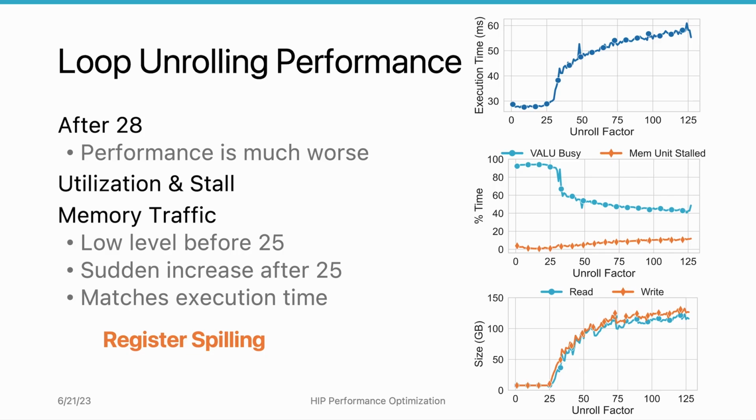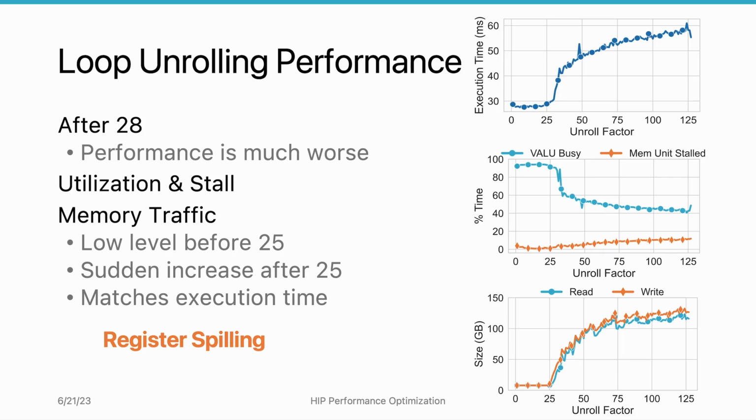When we have a high unrolling factor, we need to use a lot of registers, but the GPU hardware cannot provide this number of registers. Therefore, we have to use main memory for some of the required registers. That is called register spilling. When we use too many registers, they spill into the main memory, causing excessive memory access.